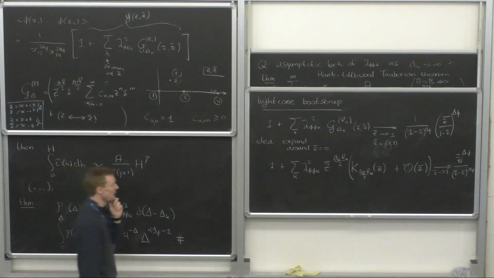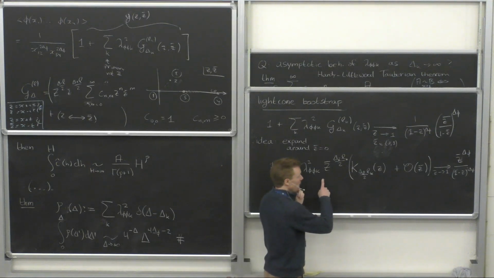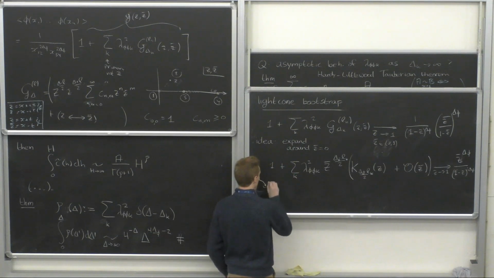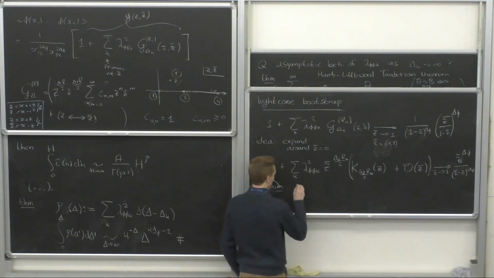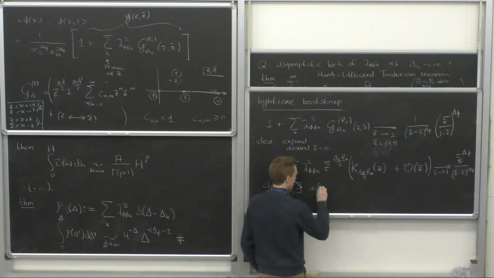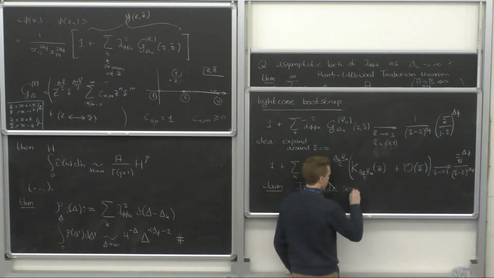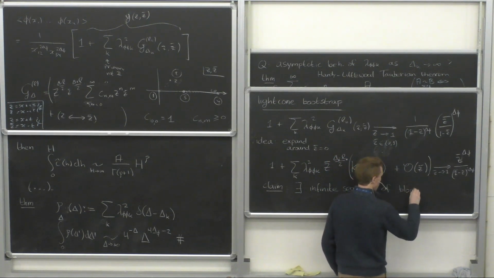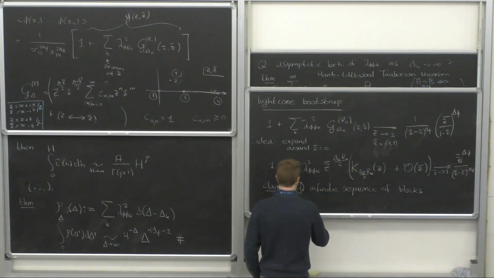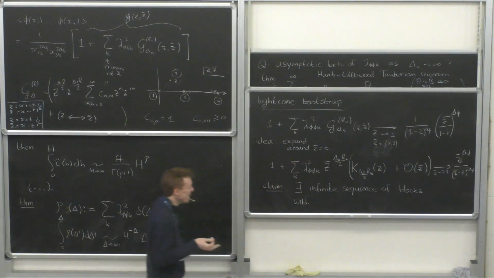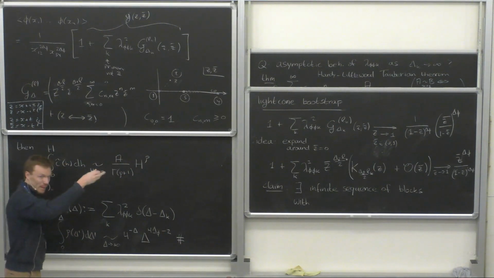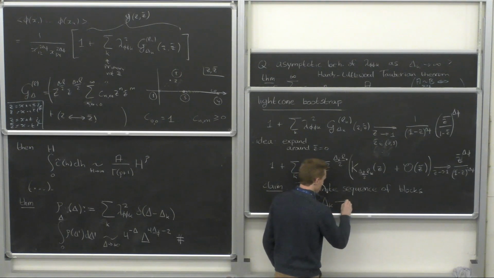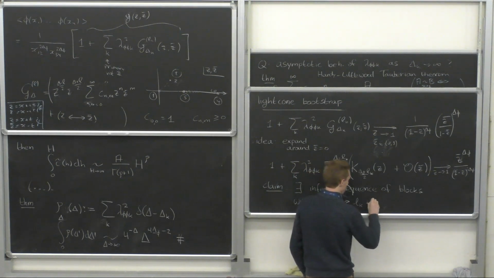Not only do we need an infinite sequence of blocks, but we need the twist of these, we need delta K. So the claim is there exists an infinite sequence of blocks, or more precisely, the 4-point function contains an infinite sequence of conformal blocks where delta K should go to LK plus 2 delta phi.